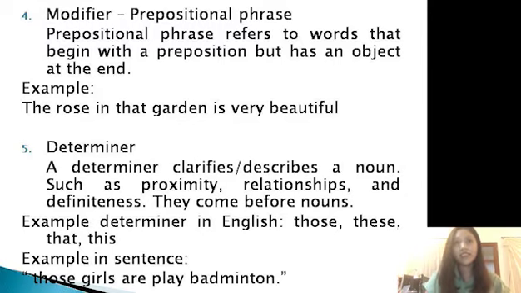Okay, the last part is determiner. A determiner clarifies or describes a noun, such as proximity, relationships, and definiteness. They come before nouns. For example, determiners in English: those, these, this, and that.